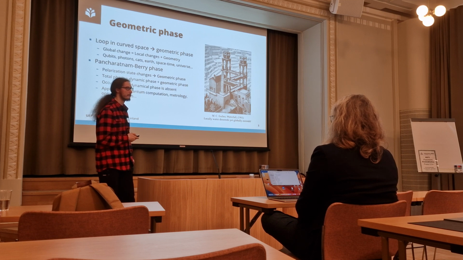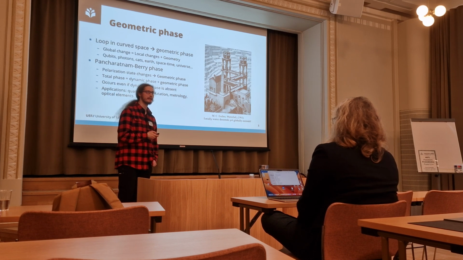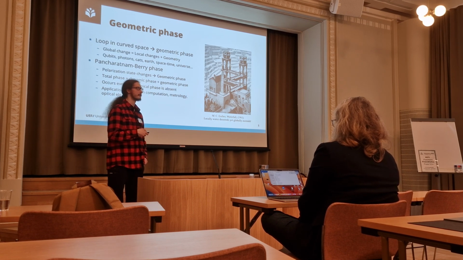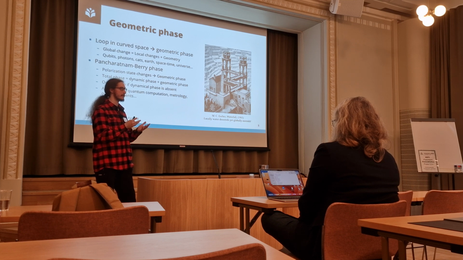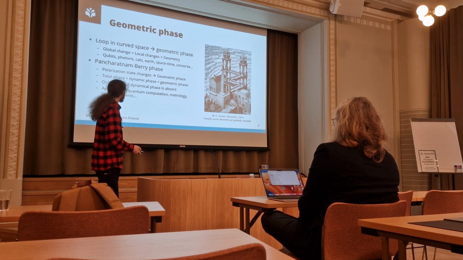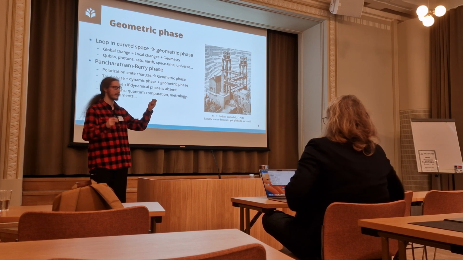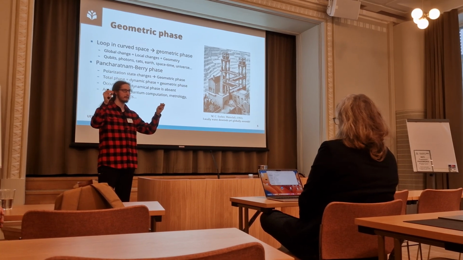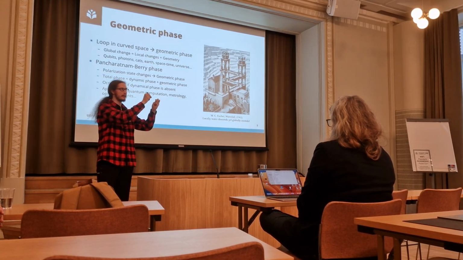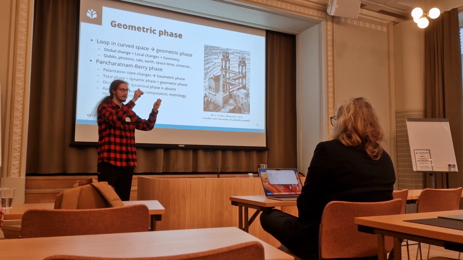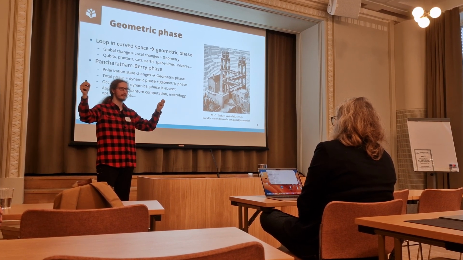But now I'm focusing specifically on the geometric phase that appears when there is a polarization change, and it's because the polarization state space itself is curved, in which the total phase between an initial and end state cannot be described simply by the phase changes in between as the state evolves to the final state.